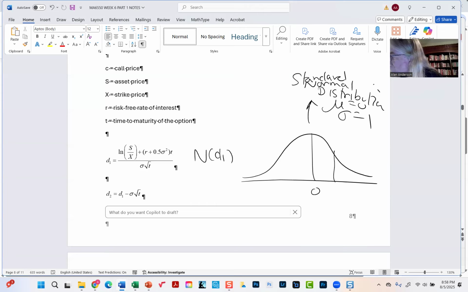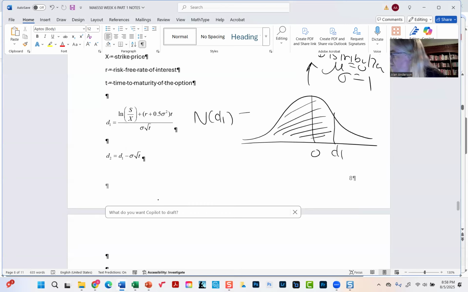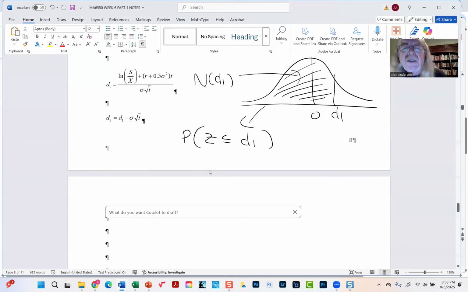So if, let's say, D1 is here, the N(D1) refers to the shaded region, which in turn can be interpreted as the probability that Z, which is our standard normal random variable, is less than or equal to D1. So think of it as a cumulative probability. Okay.